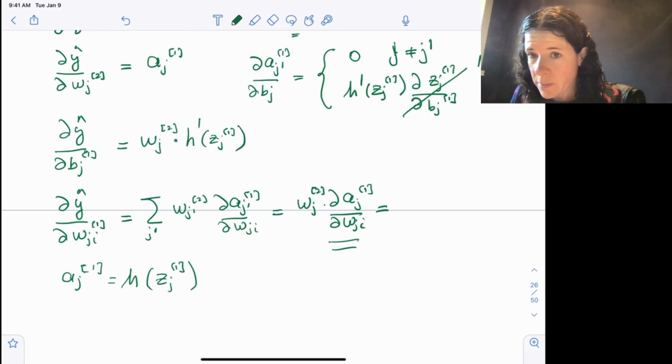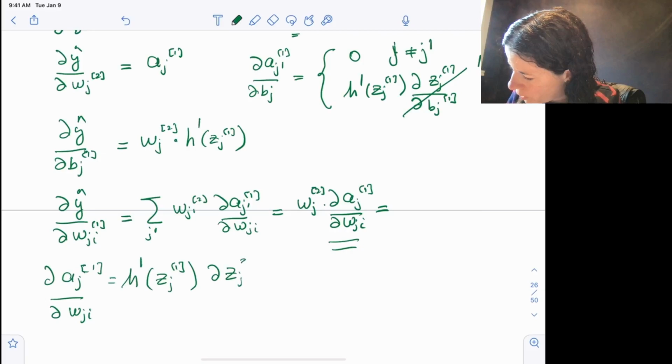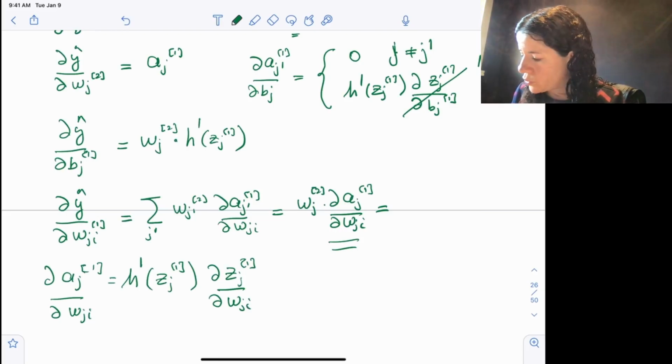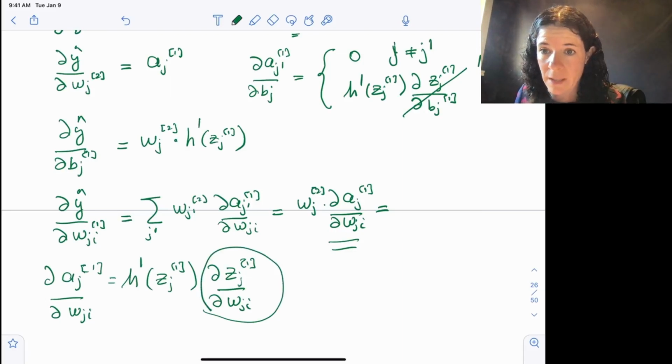If you take the derivative of this with respect to w_ji, you're going to get h prime times dz_j^(1)/dw_ji. So what is this derivative here? Let's go back and look at the equation.